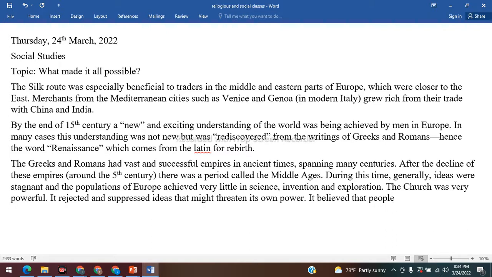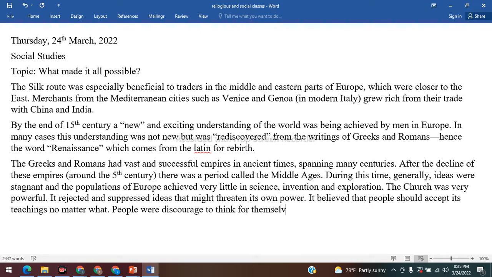It believed that people should accept its teachings no matter what. People were discouraged from thinking for themselves.